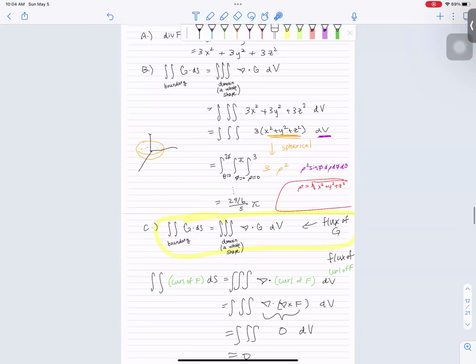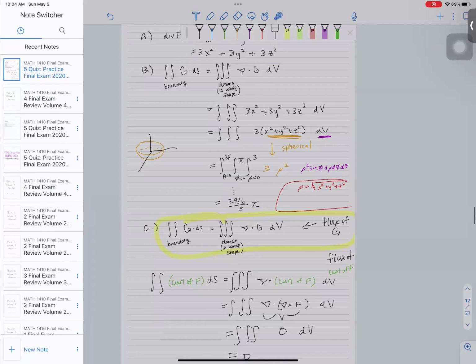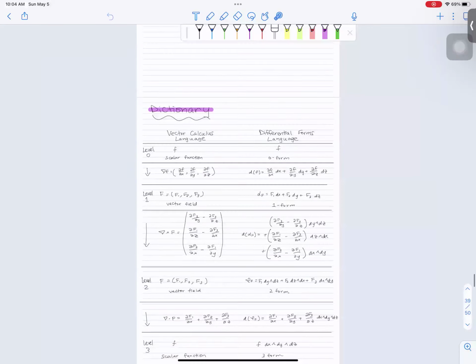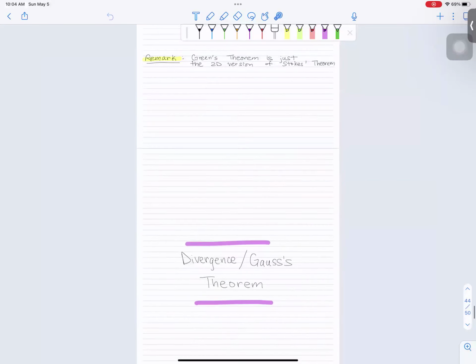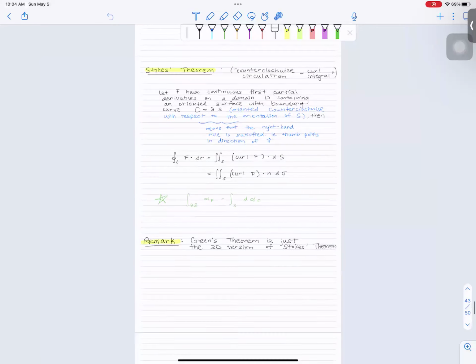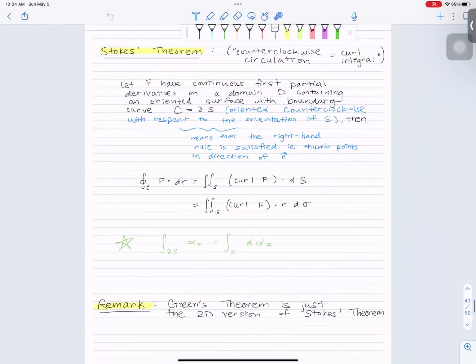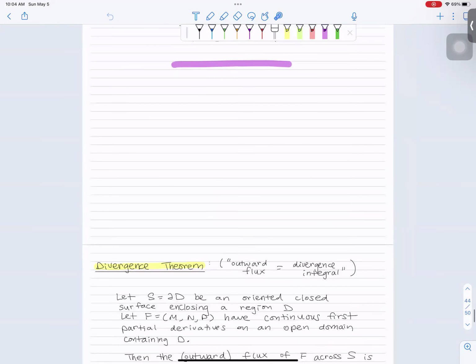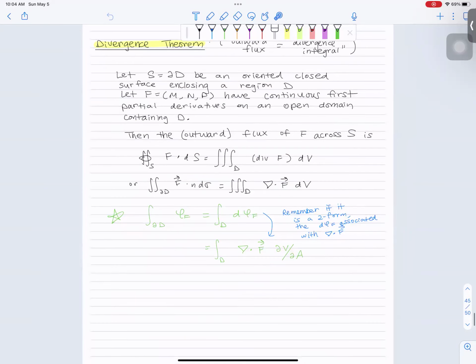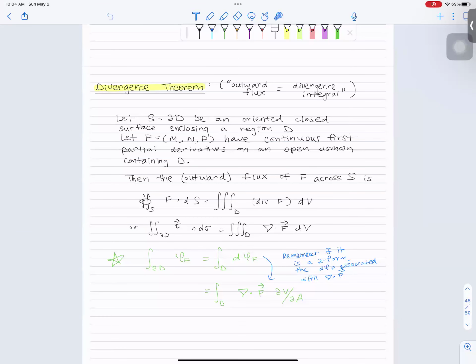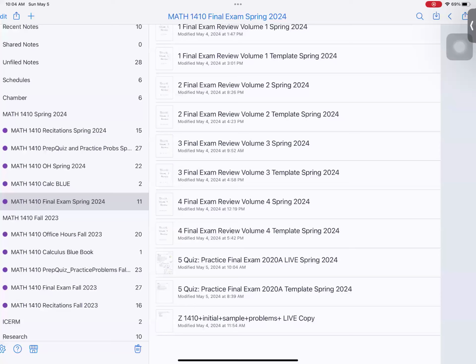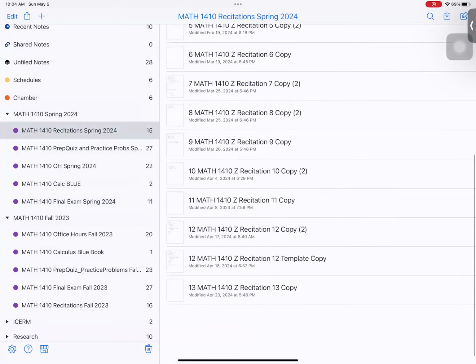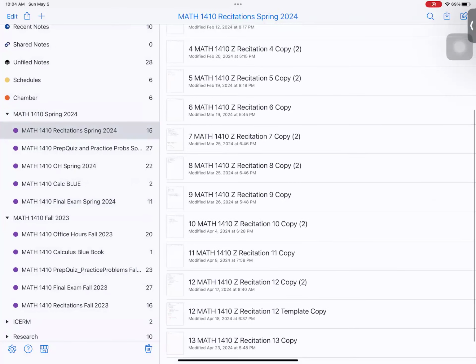Stokes' theorem, you wouldn't usually use Stokes' theorem for a closed surface, like a sphere in this case. It doesn't quite make as much sense in Stokes, I think.